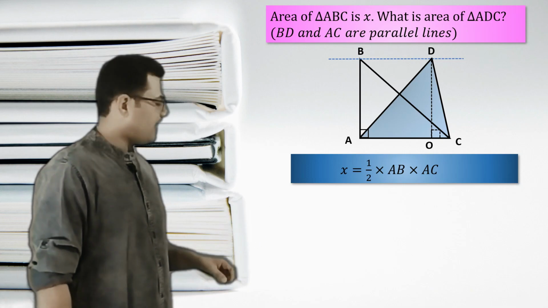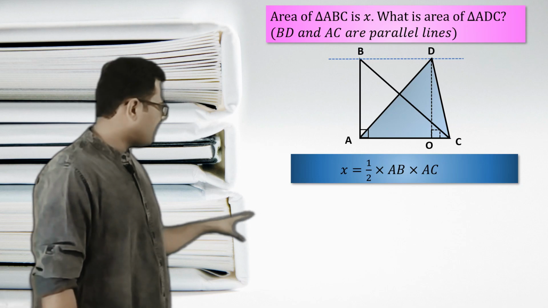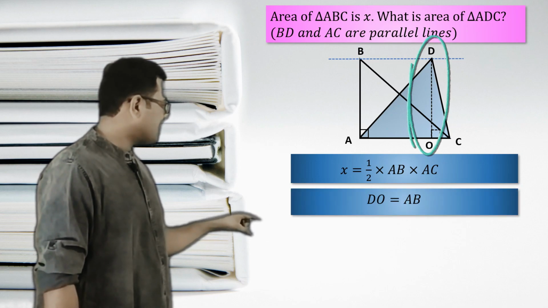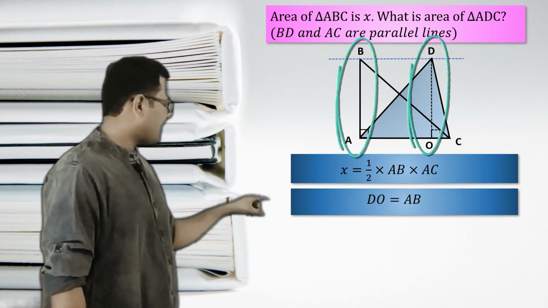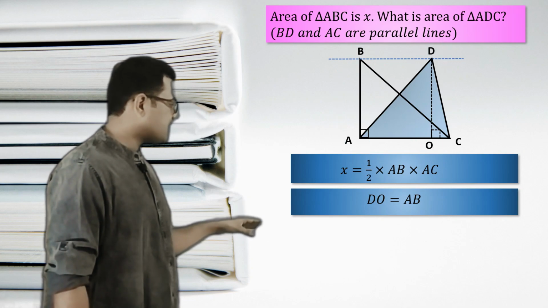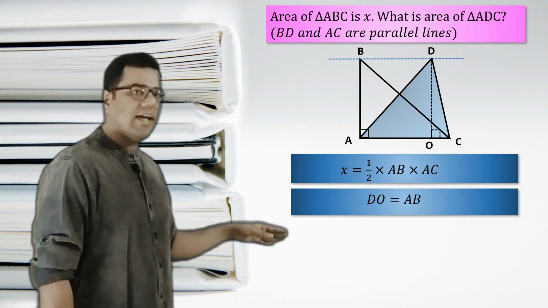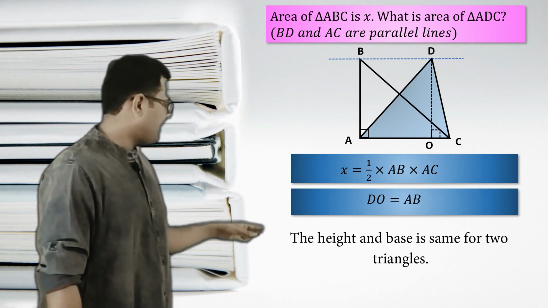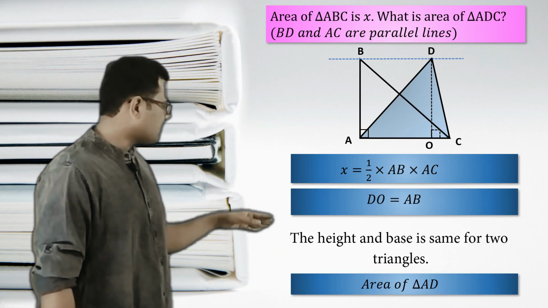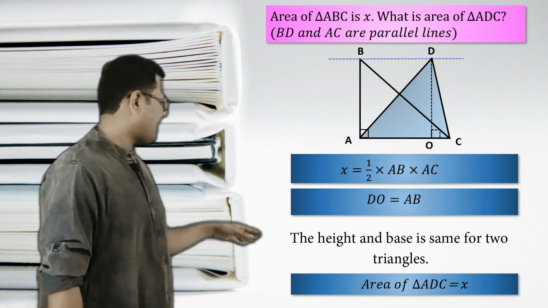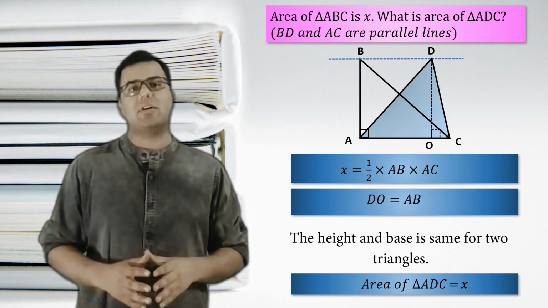Now you can see that the length of this perpendicular, that is DO, is the same as AB, and hence the height is the same. So the height and base are the same, and it means that the area of this other triangle is also going to be the same, and hence the area of this other triangle is also X.